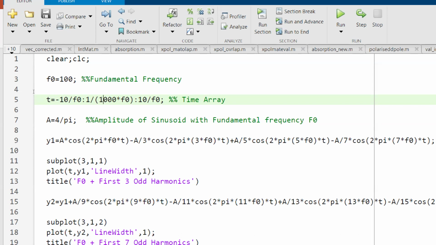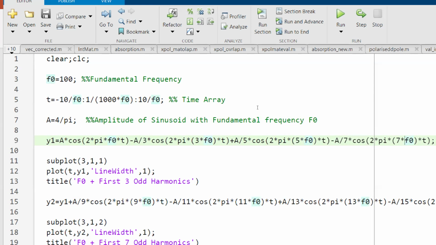Here I have defined a equals 4 upon pi, and then I have defined the expression that I wrote there. This y1 consists of the fundamental frequency cos 2 pi f naught t. Then I have taken the first odd harmonic, the 3f naught term, then the second harmonic, the 5f naught term, then the third harmonic, the 7f naught term.